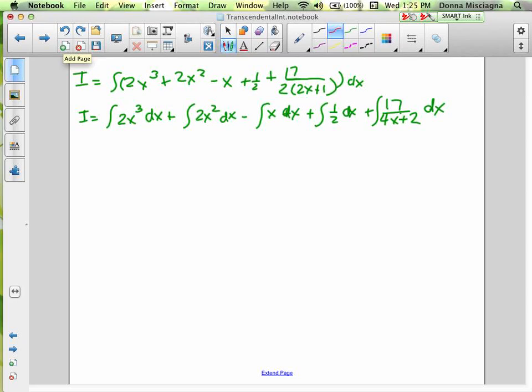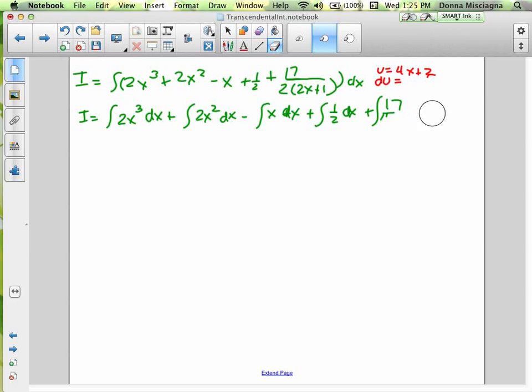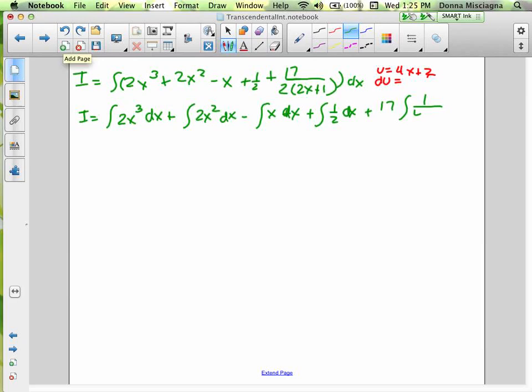All right, so I think I can squeeze it up here. u is going to be 4x plus 2. The derivative is going to be 4 du. And you know what? I'm going to factor out the 17 to begin with. So we have 17 times 1 over 4x plus 2.